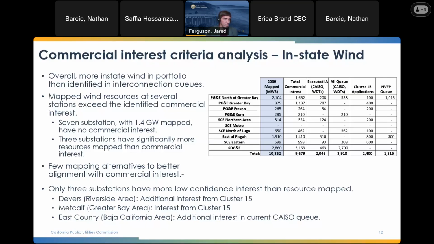Similarly, in Cluster 15, you have a wind project interconnecting at Metcalf. We weren't seeing any resource potential in that area. And lastly, you have a bit more than 500 megawatts of resources in Baja California, Mexico, interconnecting at the East County substation.